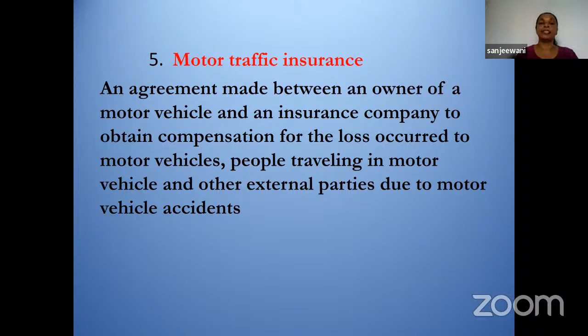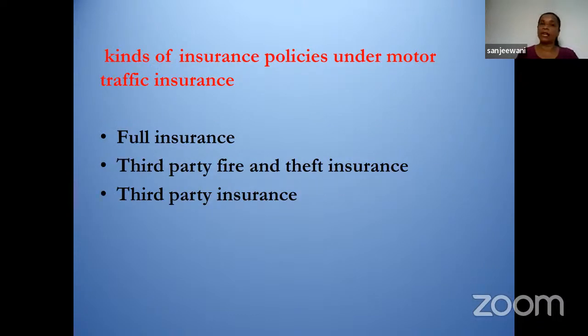So there are kinds of insurance policies that come under motor traffic insurance: full insurance, third party fire and theft insurance, and third party insurance.